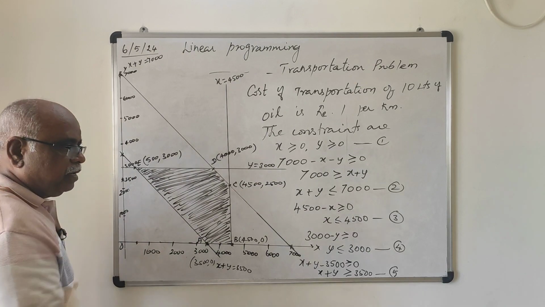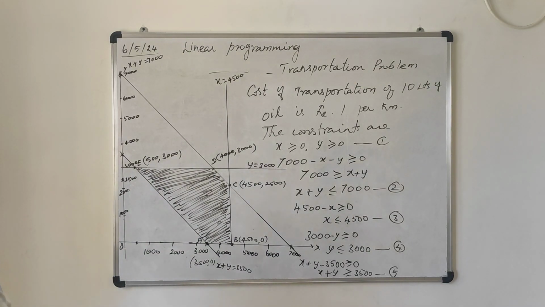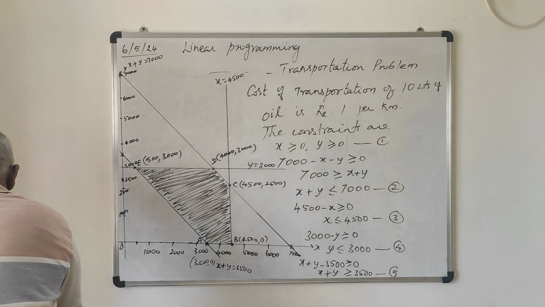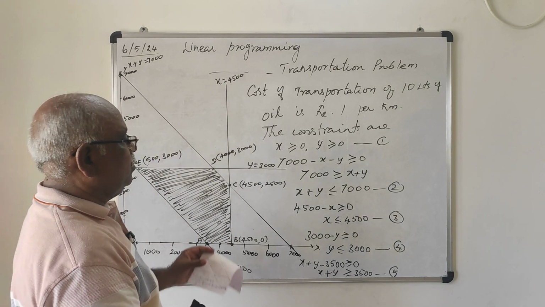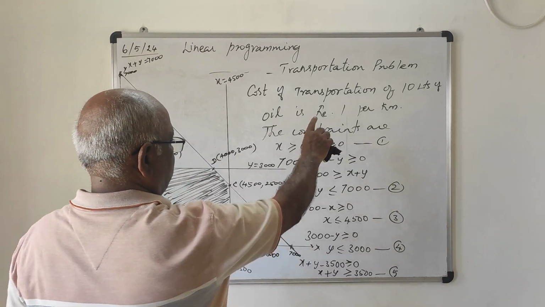For these corner points, we have to observe what the equation is. The cost of the transportation equation we have to determine by adding all these constraints.